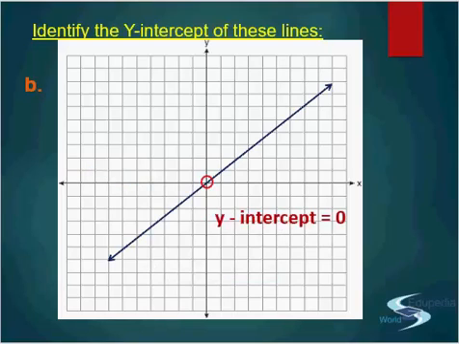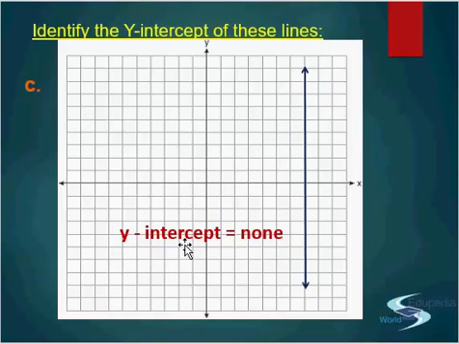So that's pretty straightforward. Just like that, in the x-intercept we saw a straight line that went through the origin, and we said that the x-intercept is equal to 0. Over here the straight line goes through the origin once again, and we say that the y-intercept is y equals 0. Over here there is no y-intercept, because the straight line has to cut the y-axis someplace.